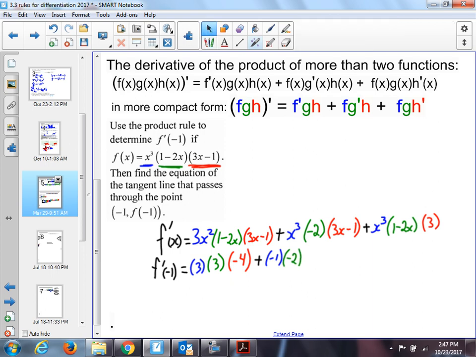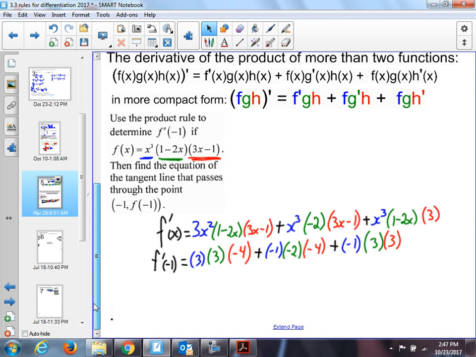And then negative 4. Apparently it's negative 53.